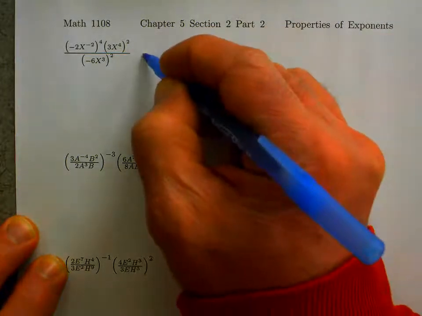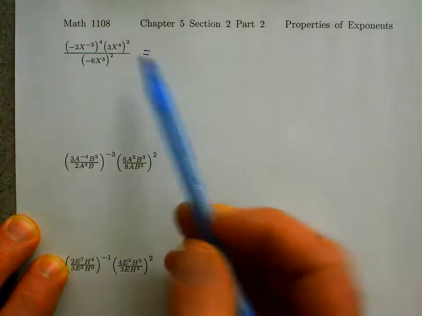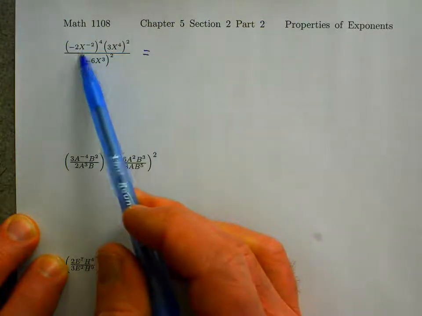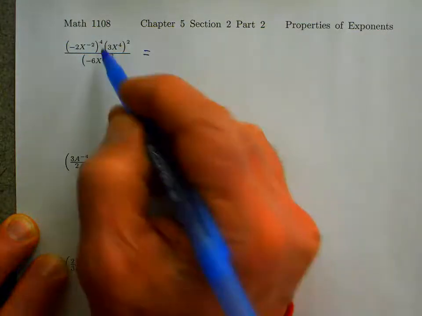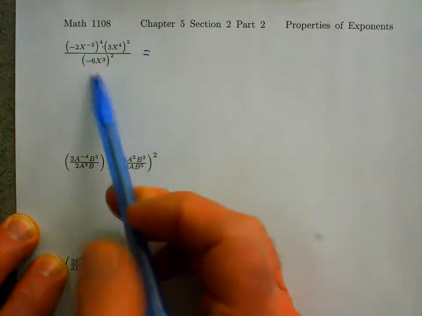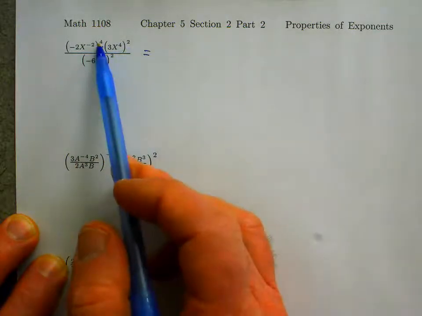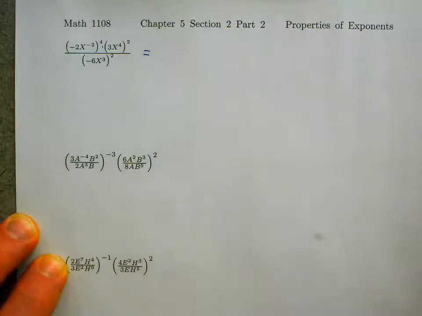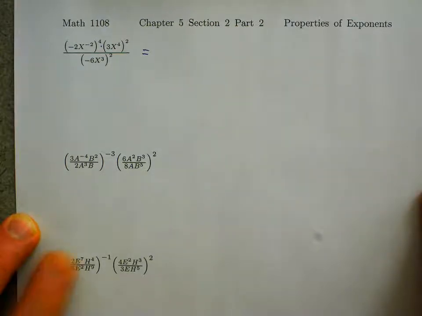Okay, so this time, all 3 of those terms, 2 in the numerator and 1 in the denominator, have an outer exponent. So I'm going to apply each of those outer exponents first.